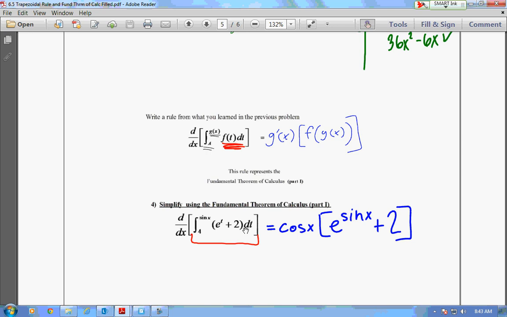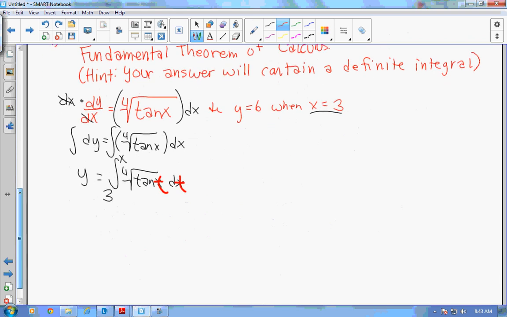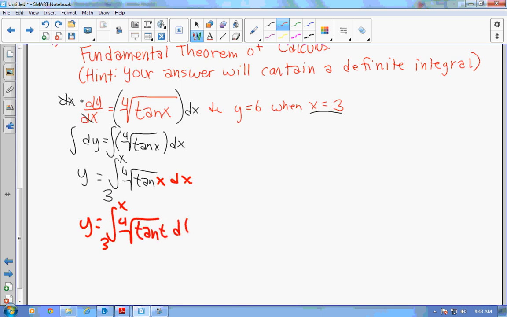And you integrate from a to something with an x. And it says in the directions, use the fundamental theorem of calculus. Okay? And so, I don't like the way that looks, x dx. So this becomes the integral from 3 to x of the 4th root of tangent t dt.